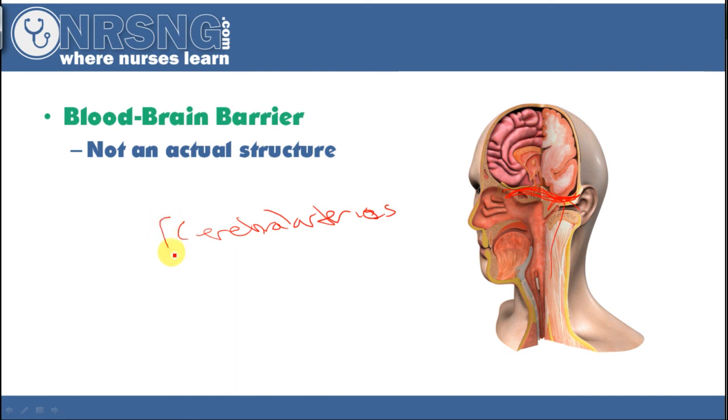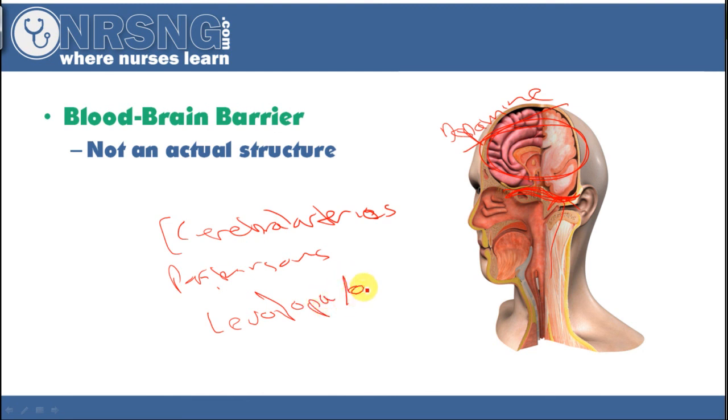Now, it's important, so like for Parkinson's, Parkinson's has to do with dopamine and those dopamine receptors within the brain. And so what we have to do to get drugs there is we give levodopa, carbidopa.